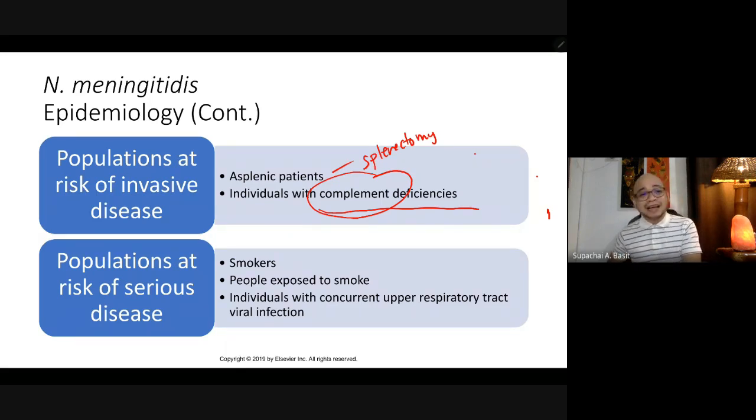If you're deficient in that, you are at risk of getting Neisseria meningitidis infection. The population at risk of serious disease would also include smokers or people who are exposed to smoke and individuals with concurrent upper respiratory tract viral infection.